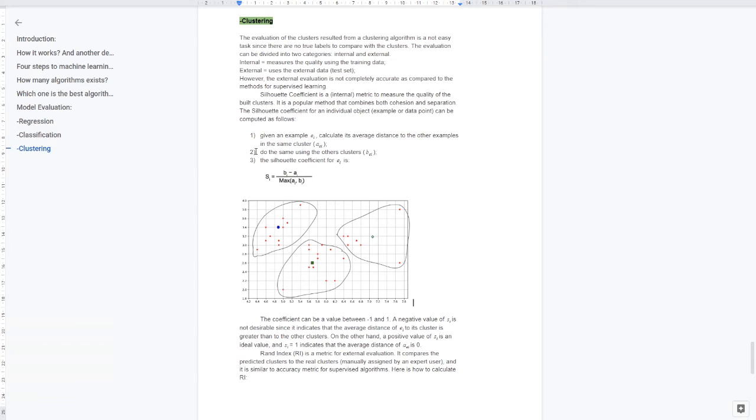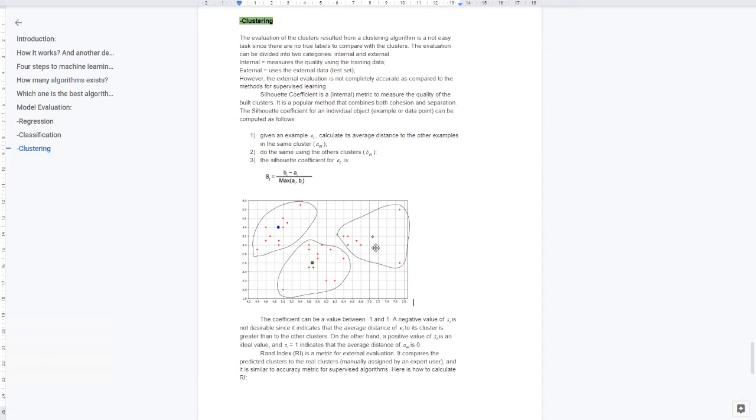Second, do the same using the other clusters. After calculating the average for this cluster, the distance of this point to the other points in this cluster, we will calculate the distance of this point from the closest cluster to this cluster, that is this cluster.